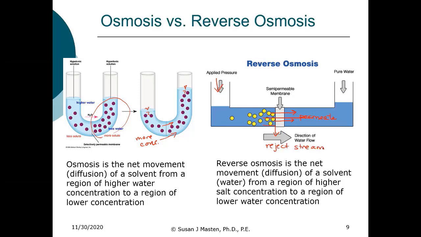So we have two streams that we start with one. We produce a permeate stream, and this is our product stream. And then we have a reject stream that has the higher concentration of whatever we're attempting to remove.